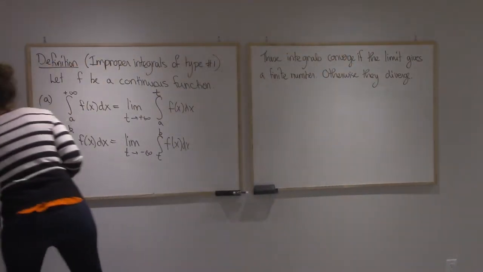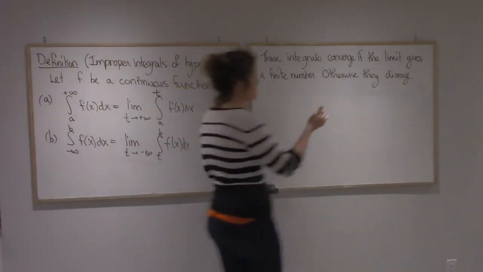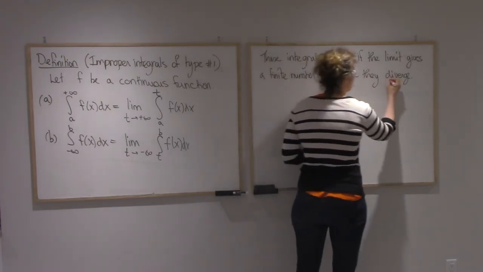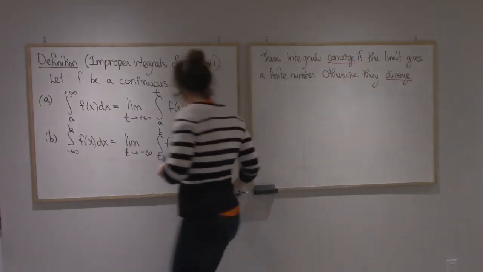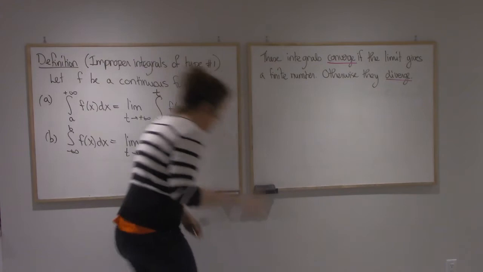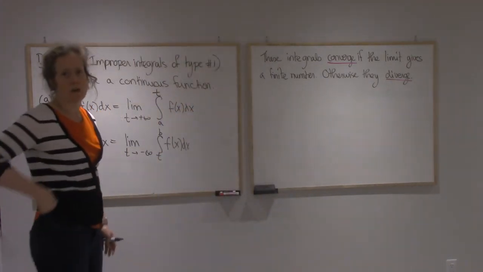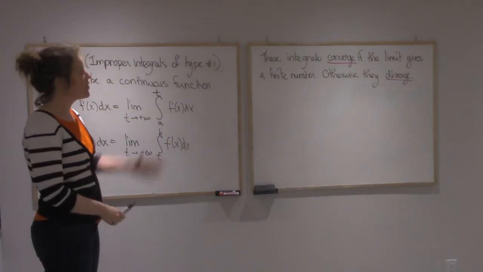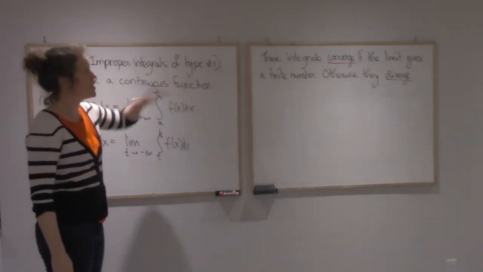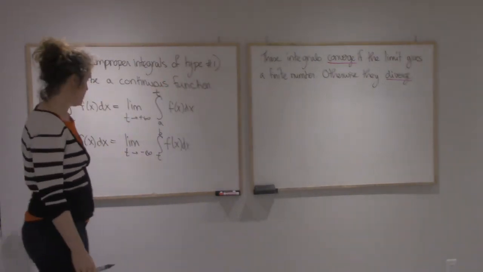Right, so we have converge and diverge. You could also use exist or does not exist, but I like converge and diverge because some teachers like to keep does not exist for cases other than plus infinity and minus infinity. In this case, if you get plus infinity, the integral diverges for sure.